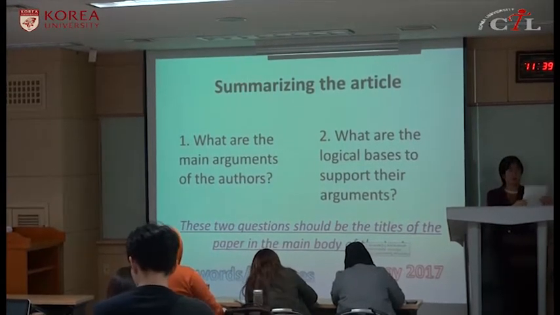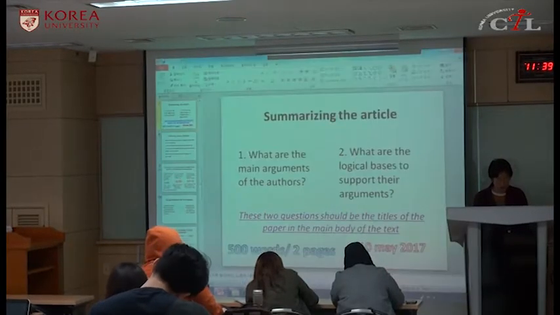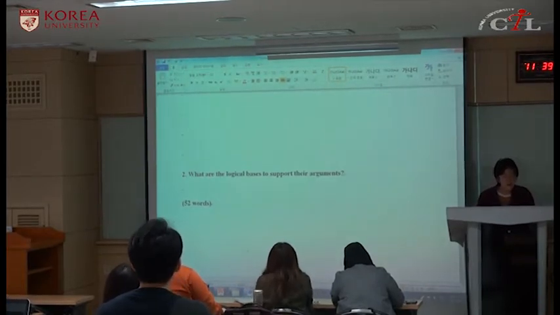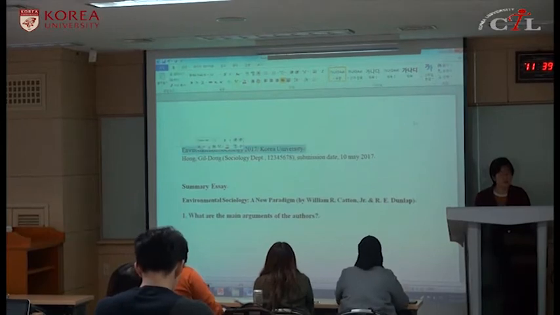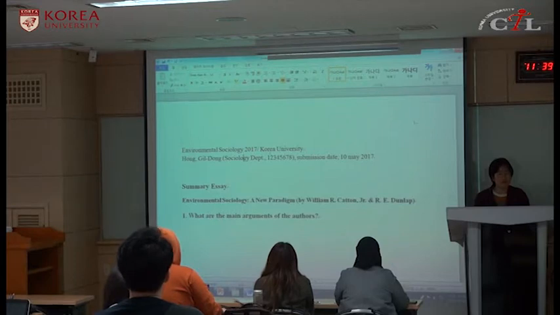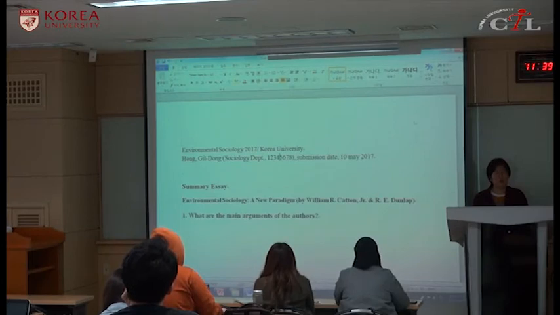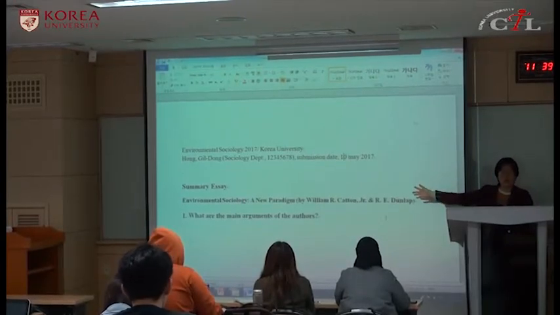So let me go back to the Microsoft Word document again. If you do all the work, you begin this way. You put Environmental Sociology 2017 Korea University, your name, your affiliation, which department you belong to, your student number, and the date you submit. The fixed date is the 10th of May.